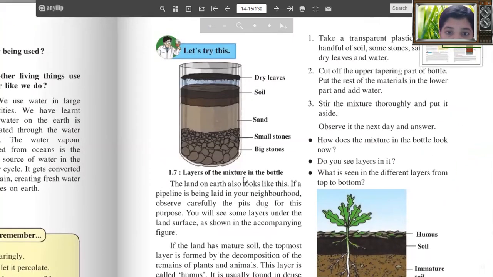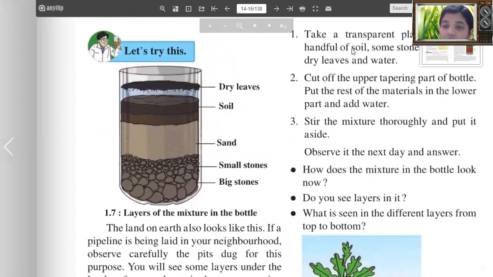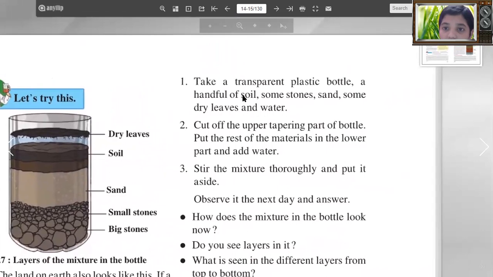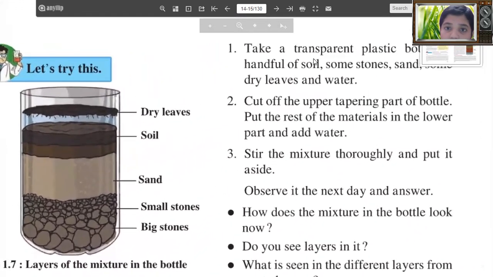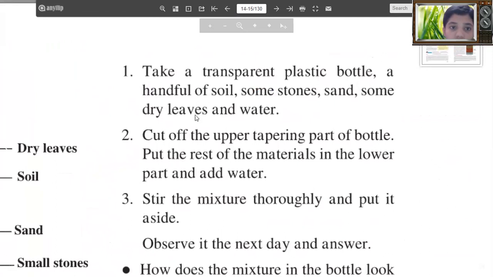Layers of mixture in the bottle: big stones, small stones, sand, soil, dry leaves. Take a transparent plastic bottle, a handful of soil, some stones, some dry leaves and water. Cut off the upper tapering part of the bottle.